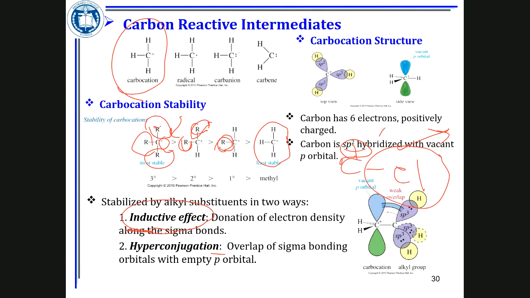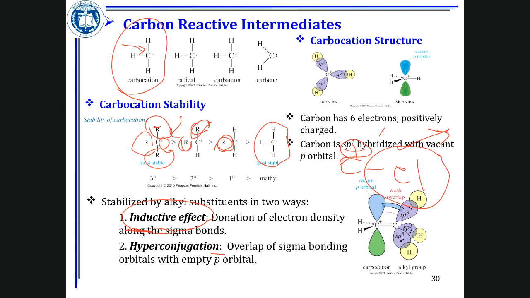When you have a carbocation, what is the hybridization of carbon in carbocation? sp, sp2, or sp3? Hybridization for carbocation. sp2, very good.